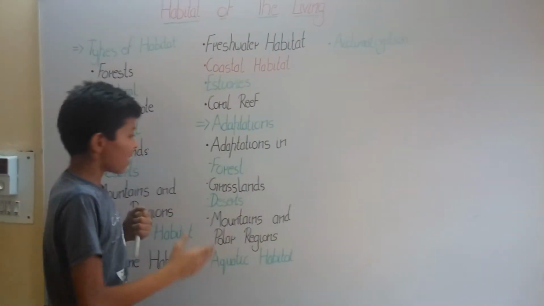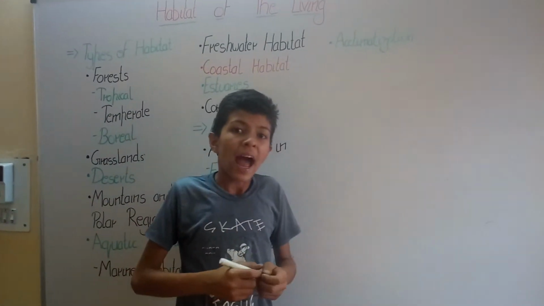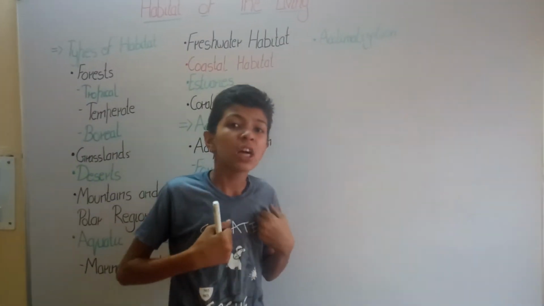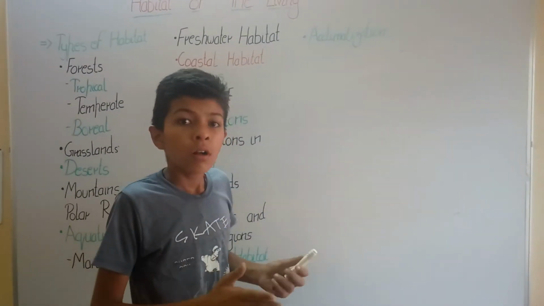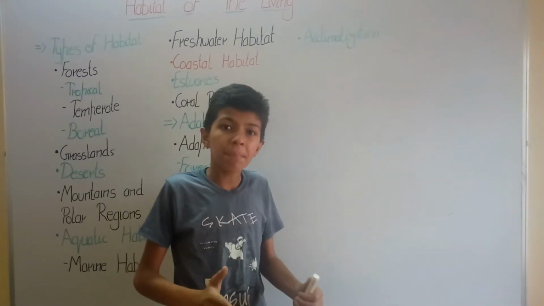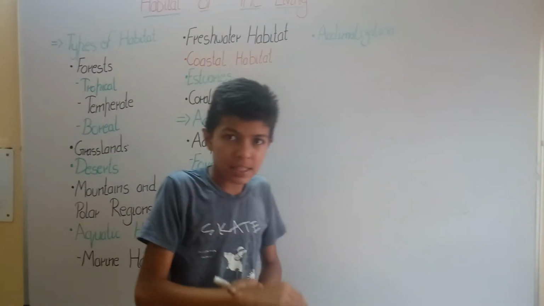And then we have this adaptation in aquatic habitat in animals. Animals have a special organ to breathe in water. These are the gills. Some of them, just like frogs, can even breathe through their skin.